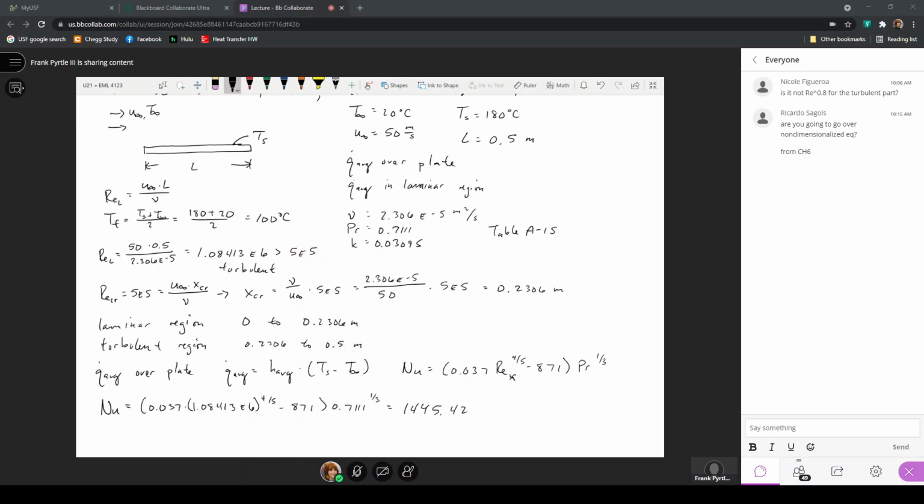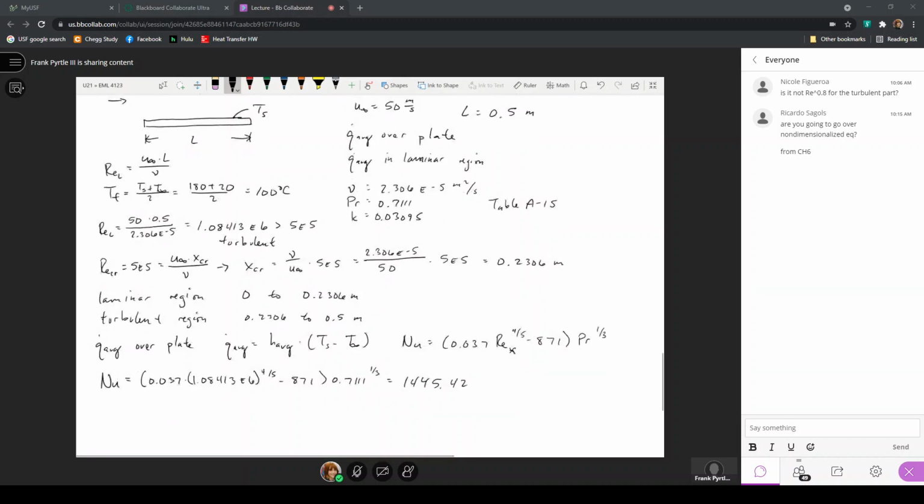So this heat transfer coefficient then is the expression for consideration of a laminar and a turbulent region. So this is set equal then to the average heat transfer coefficient over the entire plate times that length divided by the thermal conductivity, so that the average heat transfer coefficient then is K over L times the Nusselt number.